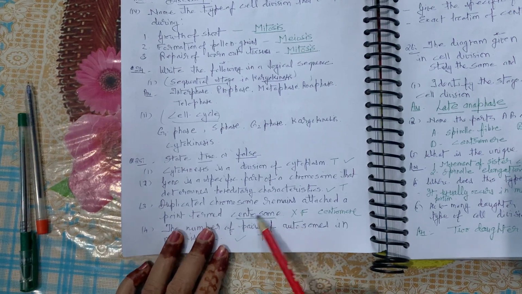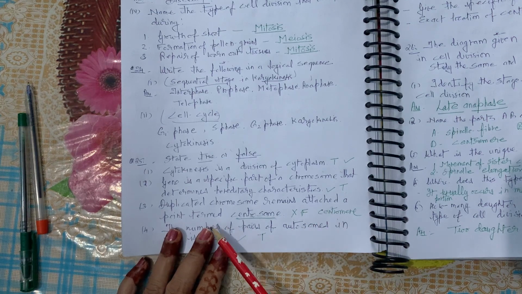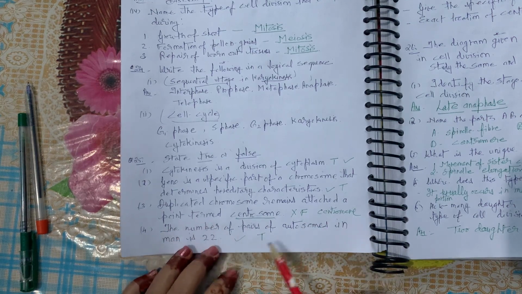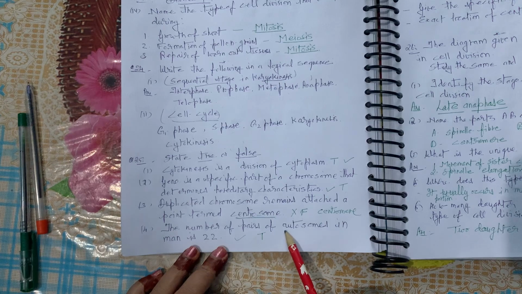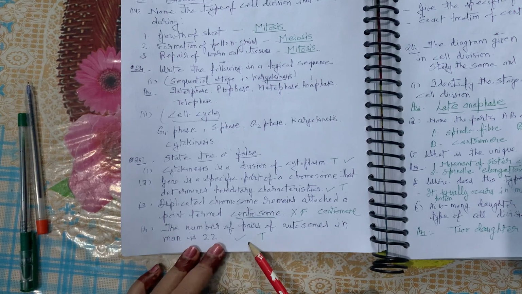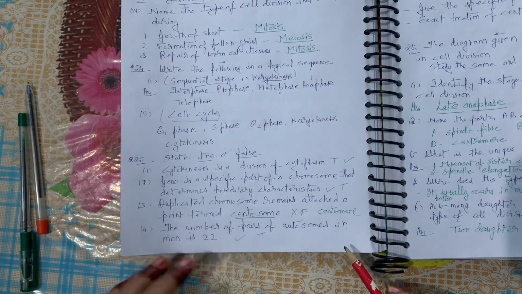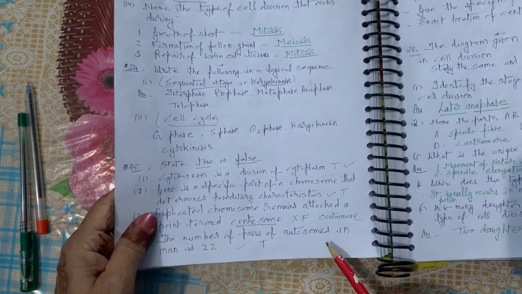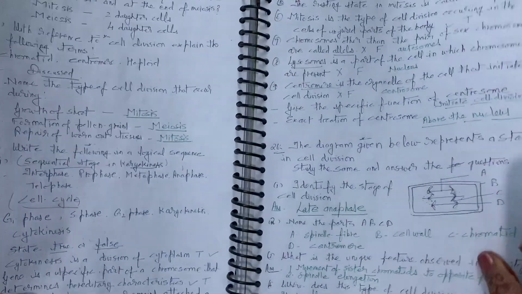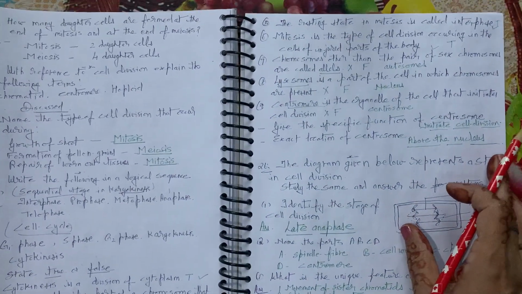False. The duplicated chromosomes remain attached at a point termed centromere. The number of pairs of autosomes in man is 22. Yes, it is true. There are 22 pairs of autosomes present in humans, right?